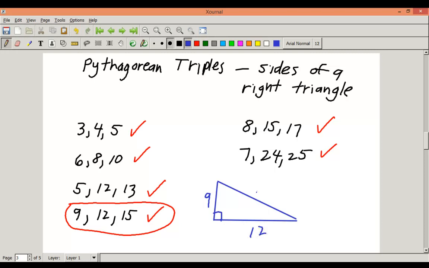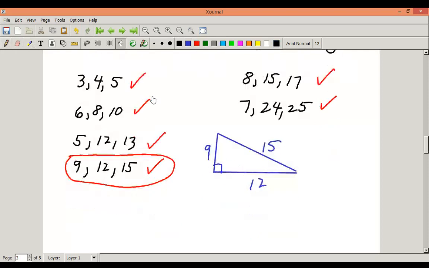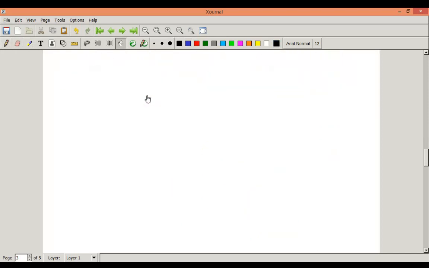Well, you could just call that C and then work out 9 squared plus 12 squared equals C squared, and eventually you're going to get to 15. Or you could say, well, I know Pythagorean triples for that, 9, 12, and 15. If 2 legs are 9 and 12, hypotenuse is 15 because you know Pythagorean triples. So they're just shortcuts. That's all they are. So just so you know, maybe you can put those to use sometime.